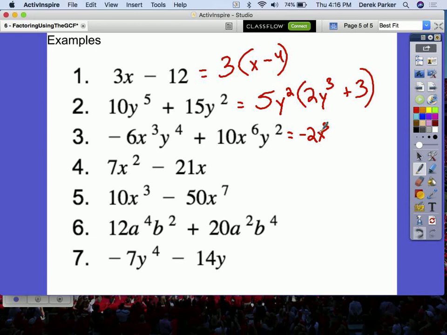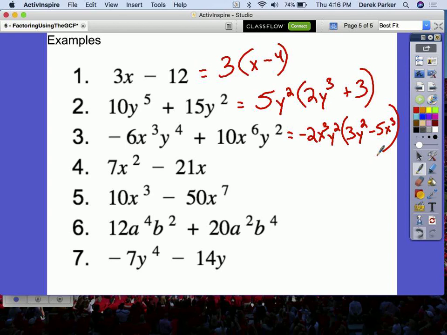Y squared and y fourth, y squared. Now divide. Negative 2 into 6 becomes 3. The x's cancel out, and I get y squared. Negative 2 into 10, I get negative 5. The y squareds cancel out, and I get x to the third power.